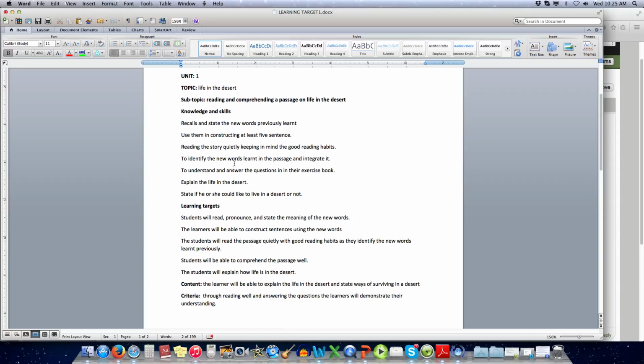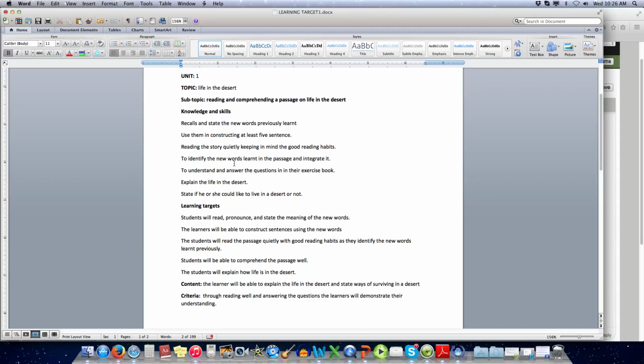Let's stop there. When I read that learning target, I think, how am I going to measure this as a teacher? How do I know that they are reading with good reading habits while they read it quietly, which I'm assuming means silently? You have to think about that. That one's tough to measure.